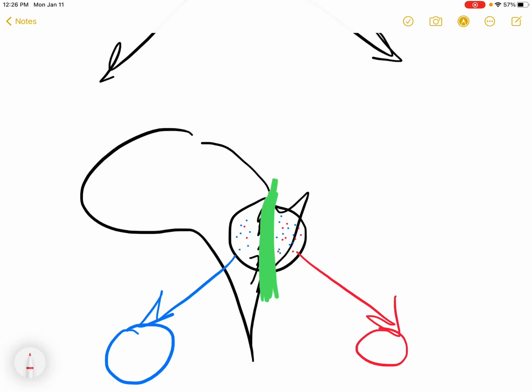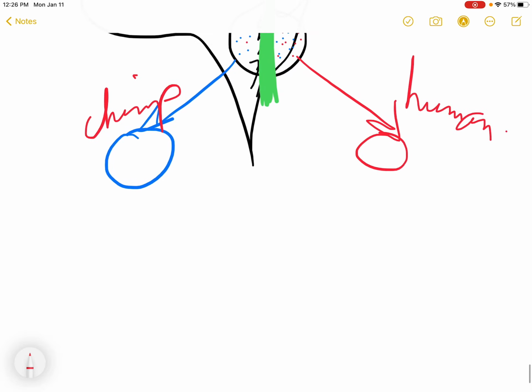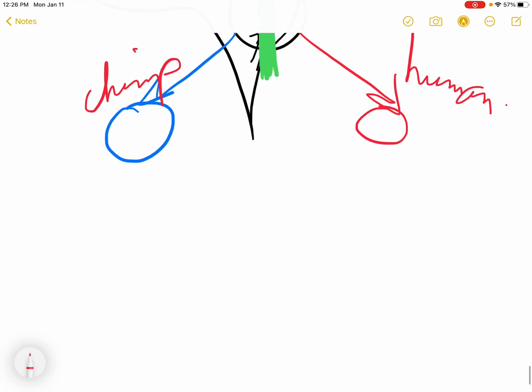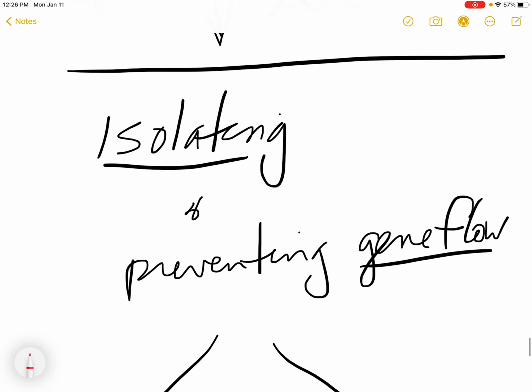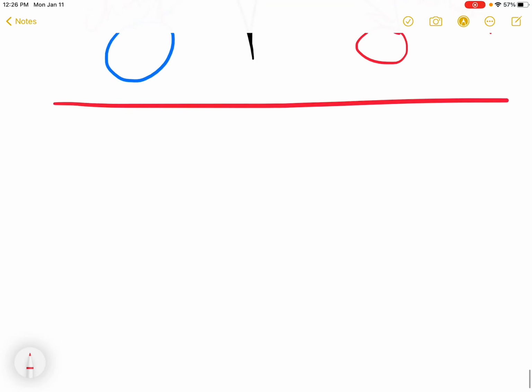And this is what led to the differentiation between the chimpanzee and the human, right? It was an isolation. And so just understanding that isolation can be a geographical kind of thing or an event, but it can also be all these other mechanisms as well. Okay, we'll stop there. In our next video, we'll deal with types of speciation.